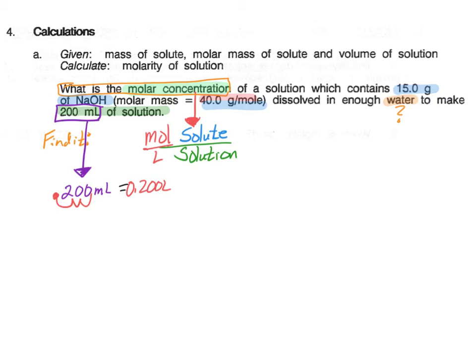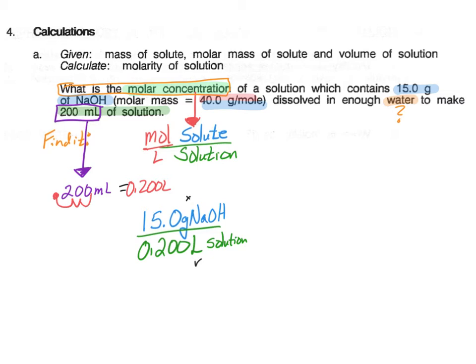And then we're going to kind of write it as we see it. So what's happening in this process is that you're taking the 15 grams of your solute, NaOH, and you're dissolving it in 0.2 liters of solution. So we're going to put that on the bottom. So right now we have grams of solute over liters of solution. Pretty close. We got the liters where we want it to be, but we actually want it to be in moles, not grams.